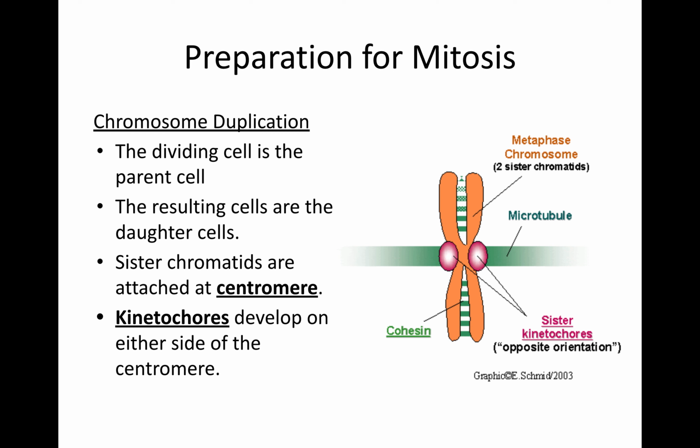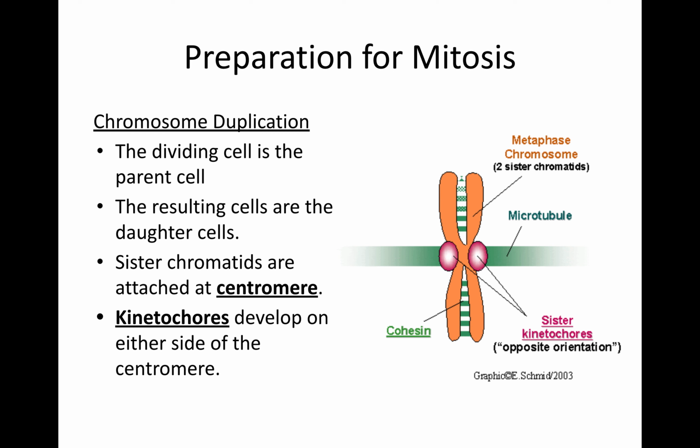All right, so prep for mitosis. Chromosomes duplicate. The dividing cell is the parent cell. Like I talked about before, the resulting cells are called the daughter cells. Then you have sister chromatids that are attached at the centromere.